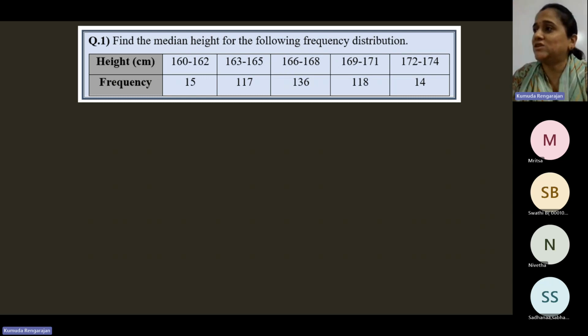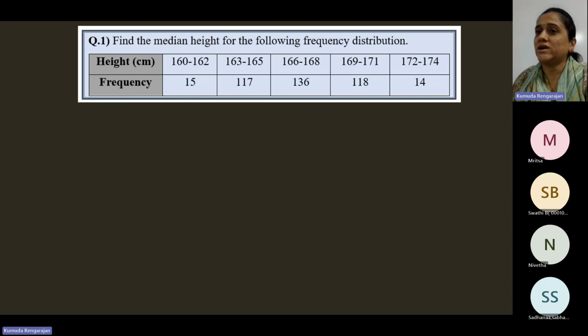How can you put 162 in the next one? The next class interval starts at 163. So where is 162 included? In the same class interval.